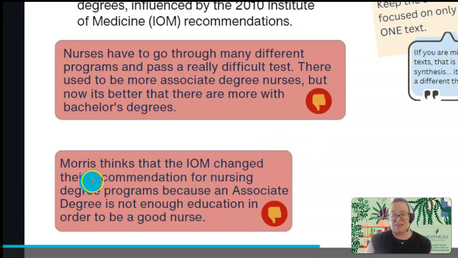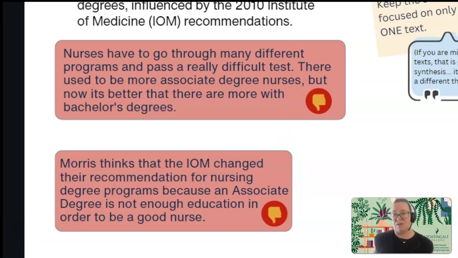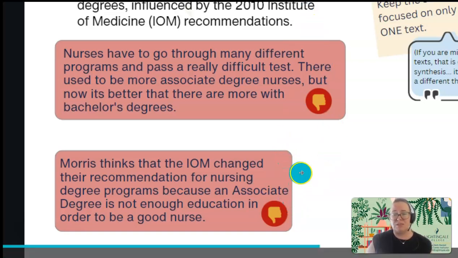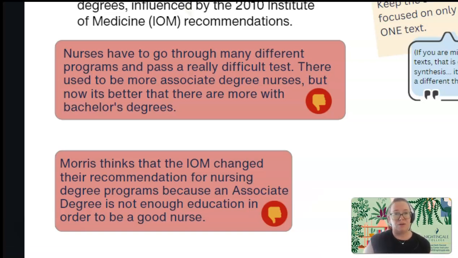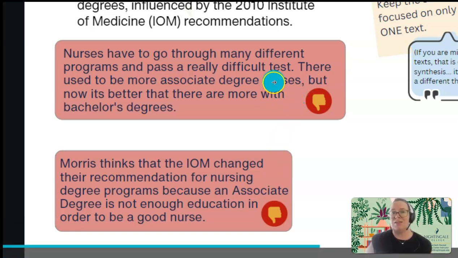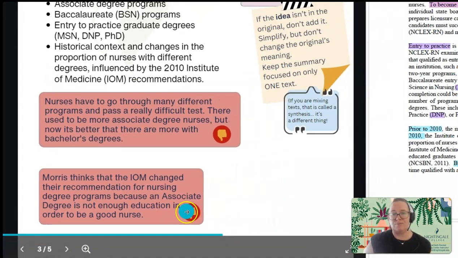This one says it's too different from the original. Morris thinks that the IOM changed the recommendation because an associate degree is not a good enough education. Well, yeah, they had changed it from an associate to a baccalaureate or MSN, but the original doesn't say if that's good or bad. So it's important not to change that feeling in our summary.